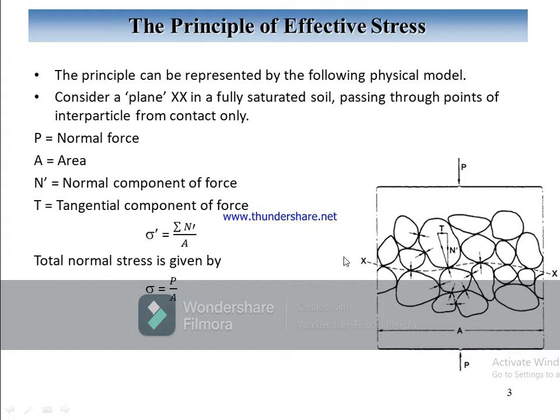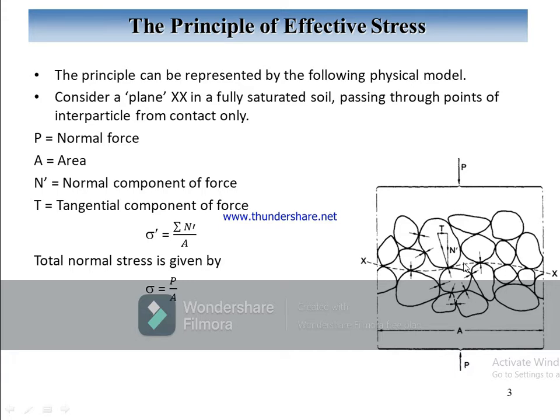The wavy plane x-x is really indistinguishable from a true plane on the mass scale due to the relatively small size of individual particles. A normal force P applied over area A may be resisted partially by interparticle forces and partially by pressure in the pore water.